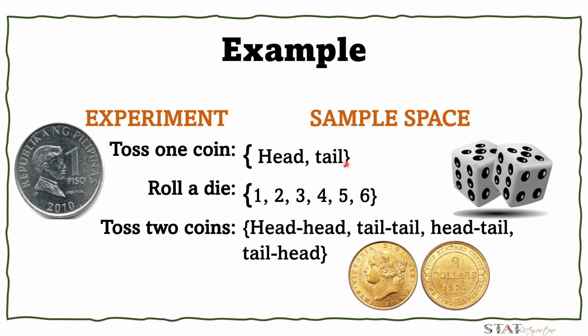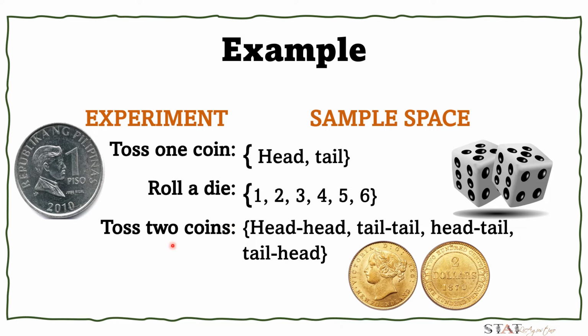Let's have another example. For an experiment in tossing one coin, the possible sample space is head or tail. Also, if I roll a die, you can see the dots on a certain side. It could be 1, 2, 3, 4, 5, or 6.